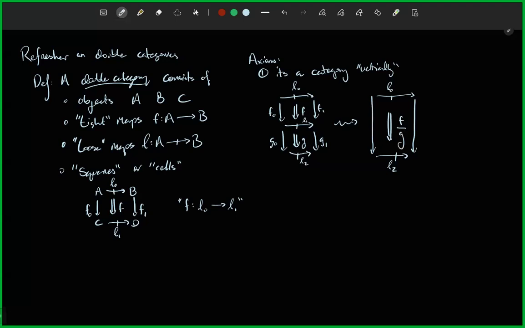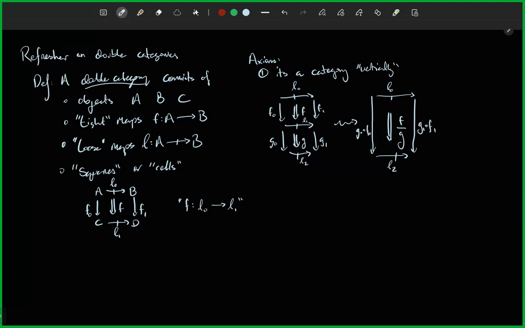That's just a nice notation that kind of looks like the way that we're actually composing these. Over here, this one is G0 after F0, and this one here is G1 after F1. So the tights form a category like this.